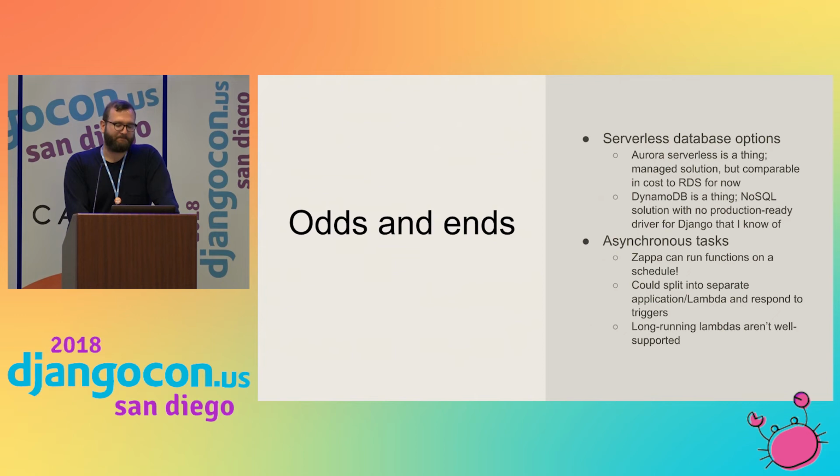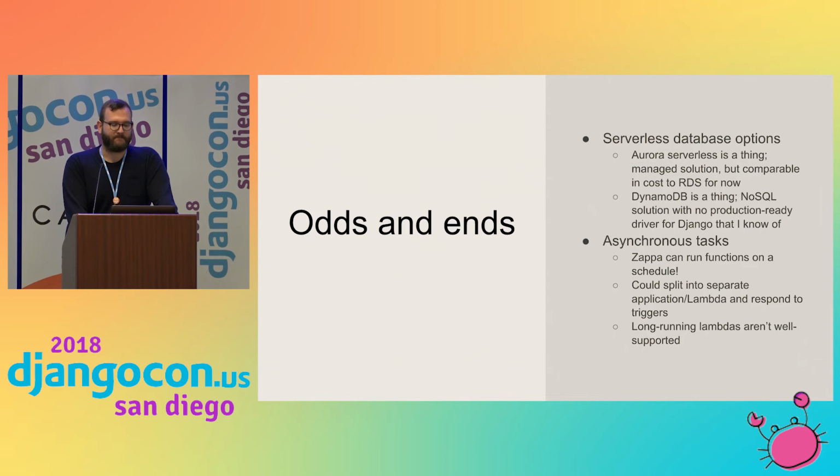But you can also split your application into separate Lambdas if you really need separate asynchronous behavior. And long-running Lambdas aren't super well supported, although I did see that AWS recently upped the execution limit to 15 minutes. I think it was previously 5, so you've got triple the time to do what you need to do.